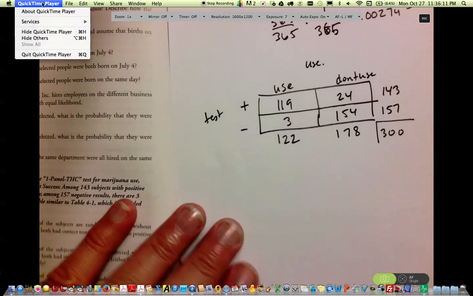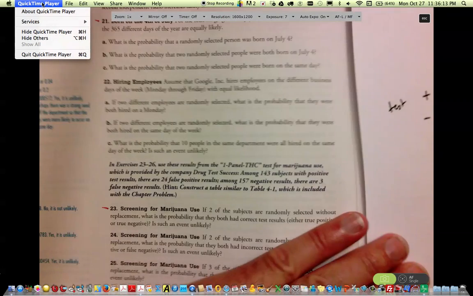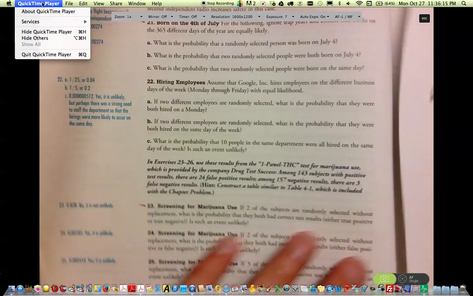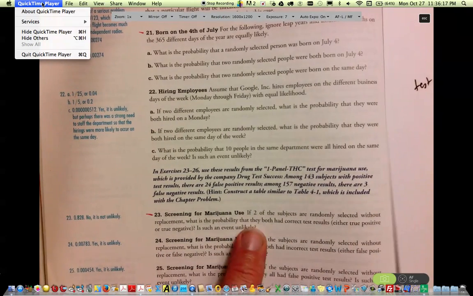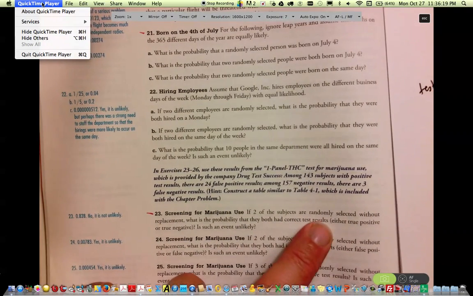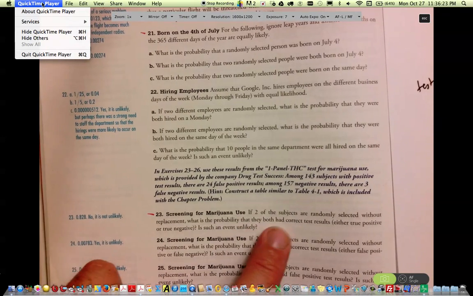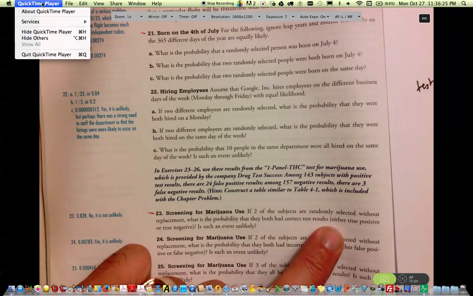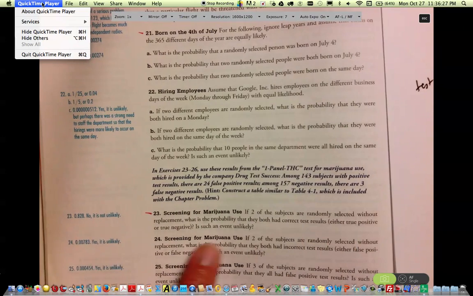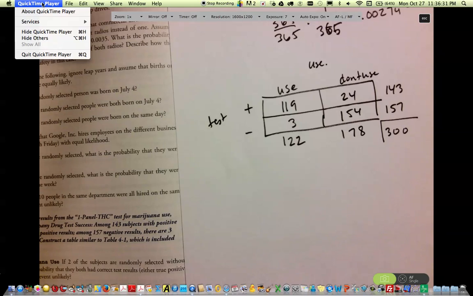Now I think that we can answer the question a little bit easier. Screening for marijuana use. The question says, if 2 of the subjects are randomly selected without replacement, what's the probability that they both had correct test results, either true positive or true negative? So where are those people?